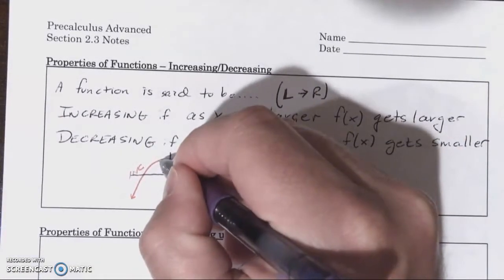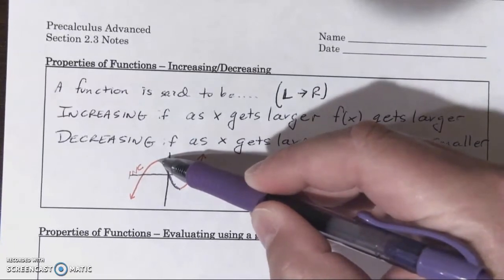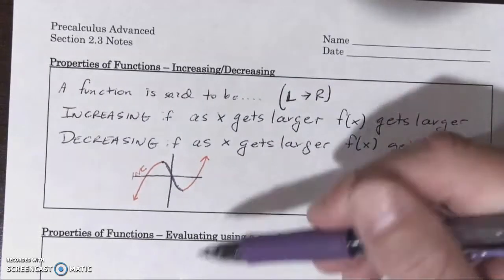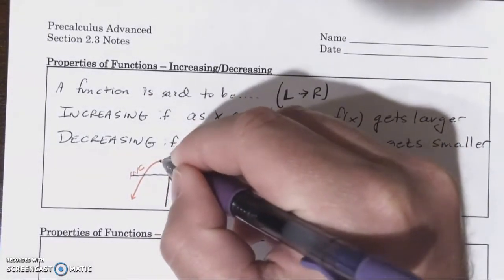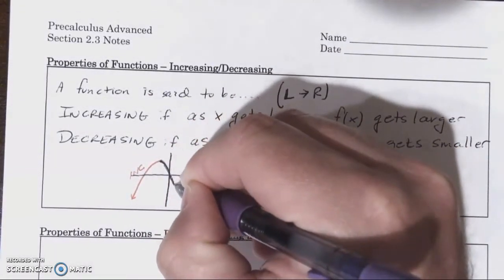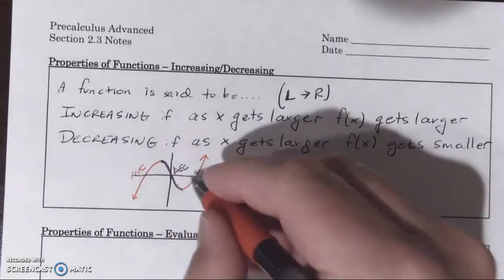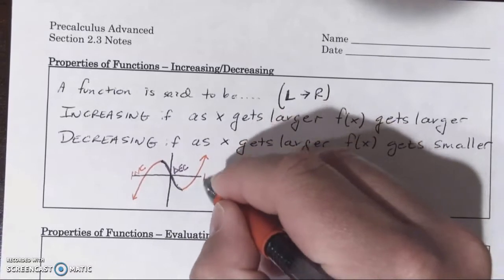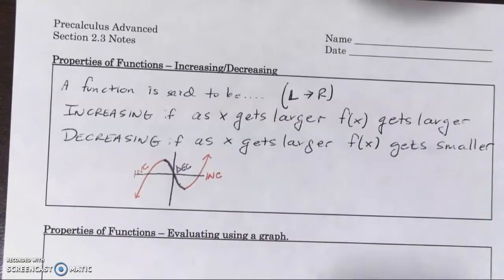And then, starting right here, we call this a maximum point, and we'll talk about that as we get going in these notes. From this point, this x value, going from left to right, this would be an interval of decrease. And then this final portion would be, again, an interval of increase, looking from left to right.